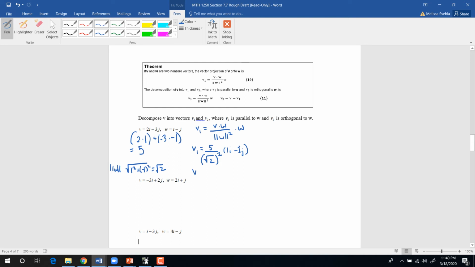So what's happening is this 5 over 2 essentially is a scalar projection, and I'm projecting this onto my original vector. So v1 is going to be 5 halves i minus 5 halves j. Okay, so that's my first vector here.